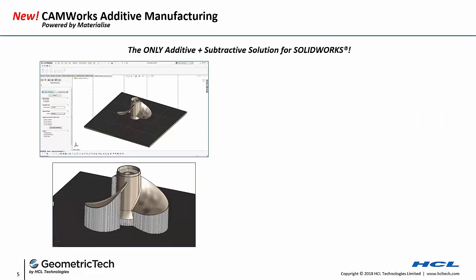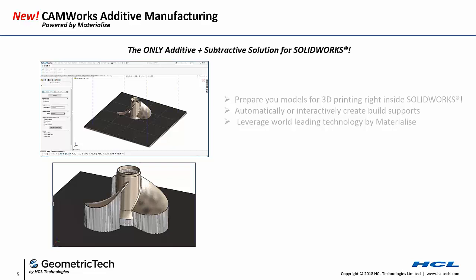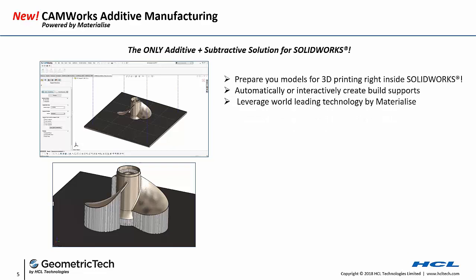I want to mention right up front as well the new CAMWorks additive manufacturing powered by Materialise. This is the only additive subtractive solution currently available for SolidWorks. So this is a new product for us, and we're very excited about it. Using this new product, you can prepare your models for 3D printing right inside SolidWorks, and this is using the Materialise technology, which is great technology.